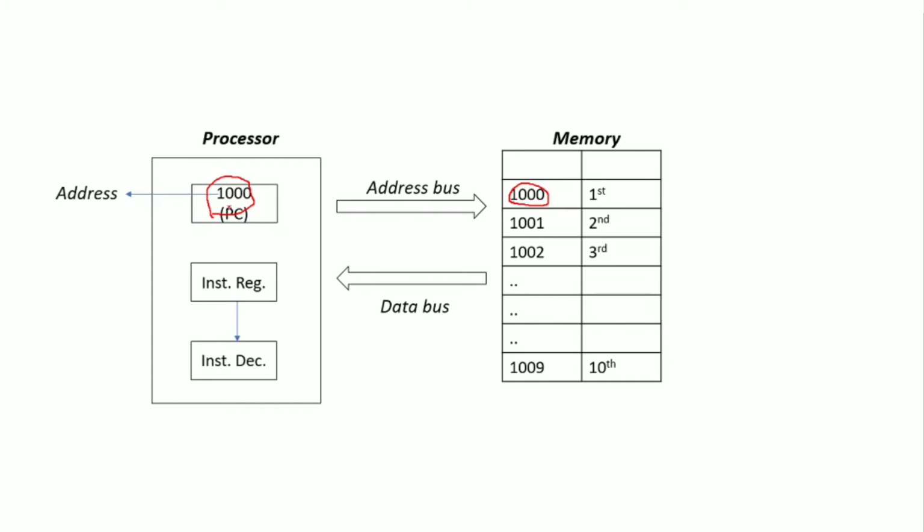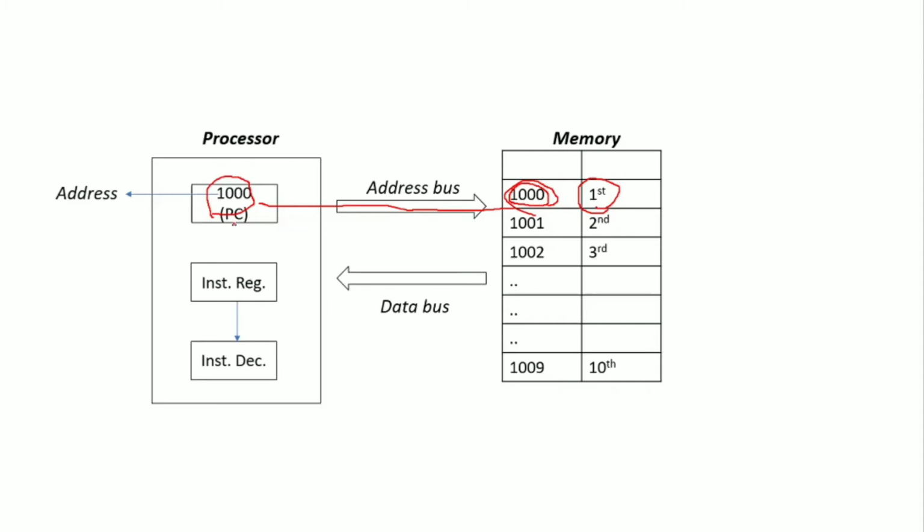So the processor uses this address to fetch the value present in the memory at that location. Using this address and the address bus, the processor will fetch this particular value 1, using the address value present in the program counter.